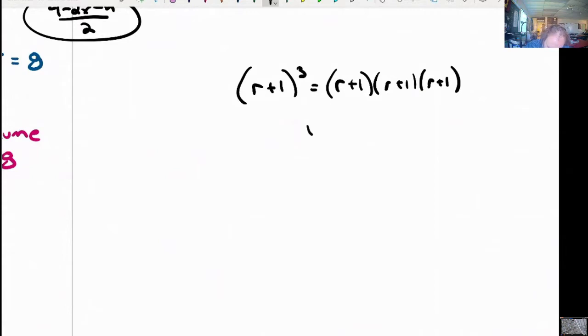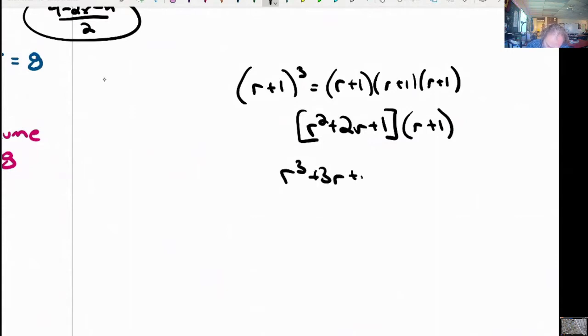It is going to be R squared plus 2R plus 1 times R plus 1, which gives us R to the third plus 3R plus R plus R squared plus another 2R, plus 1. So what we end up with is, oh, did I get one wrong?